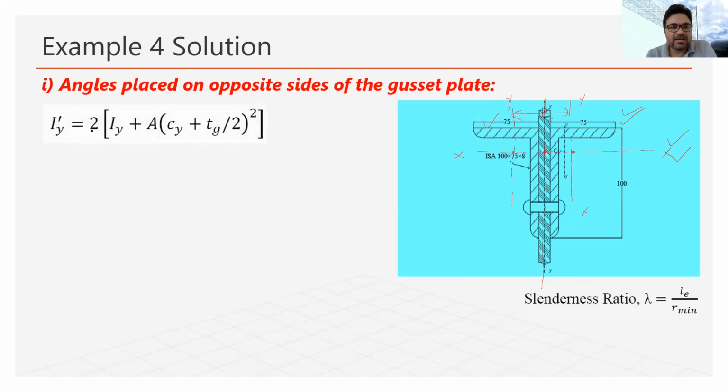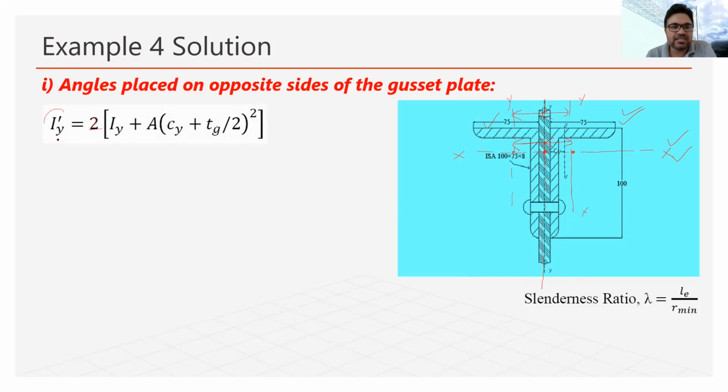In case of parallel axis theorem, as we know that both angles are the same size, and also the distance between the main y-axis and this distance and this distance, both of these distances are the same. That is why I'm multiplying this by 2.